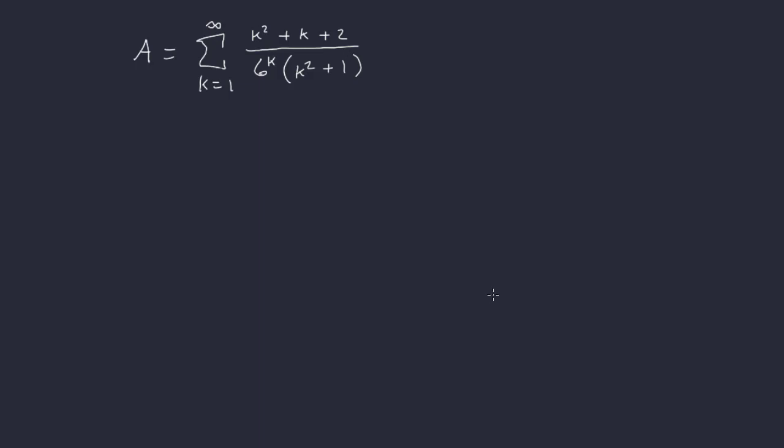And when I take the limit of just these terms, notice that all this stuff will go to 1. So what will be left is this 1 over 6 to the k.